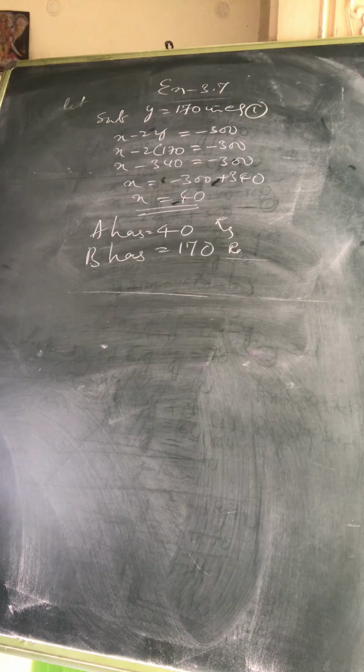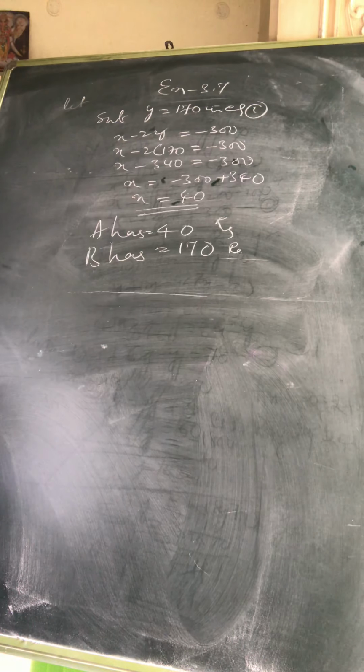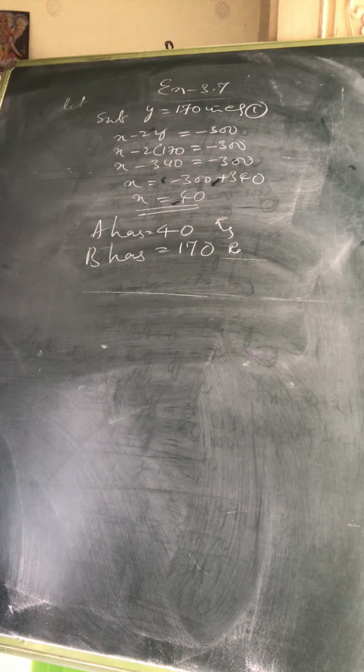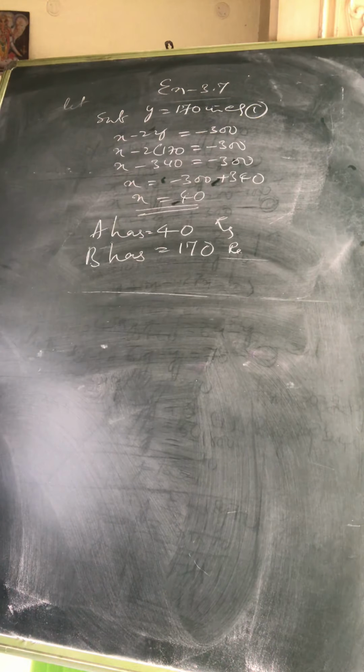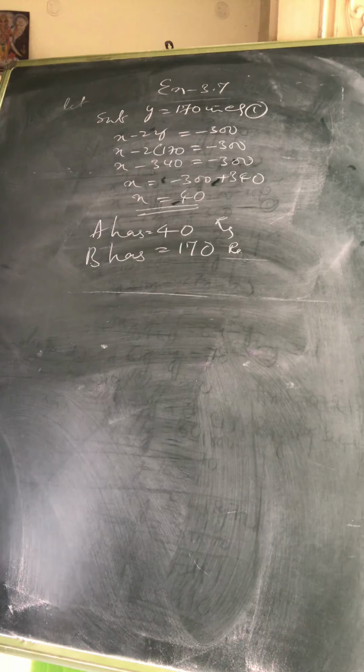The next problem is: a train covered a certain distance at a uniform speed. If the train would have been 10 kilometers per hour faster, it would have taken 2 hours less than the scheduled time.